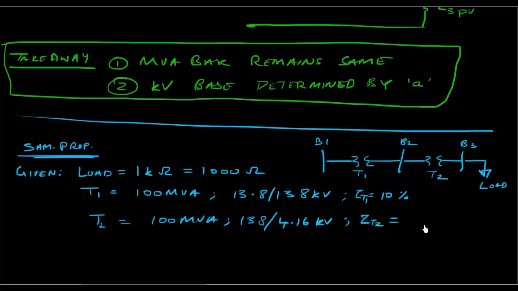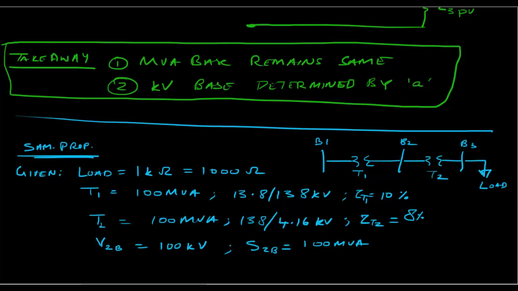The transformer impedance for this transformer is, let's say, 8%. What I want you to do, I'm also going to give you a base. So I'm going to define voltage 2 base as being 100 kV, and I'm going to define the S2 base as being 100 MVA.